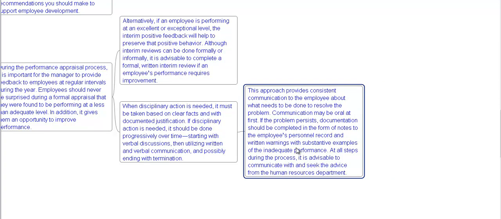Communication may be oral at first. If the problem persists, documentation should be completed in the form of notes to the employee's personal records and a written warning with substantive examples of the inadequate performance. At all steps during the process, it is advisable to communicate with and seek advice from the Human Resource Department.